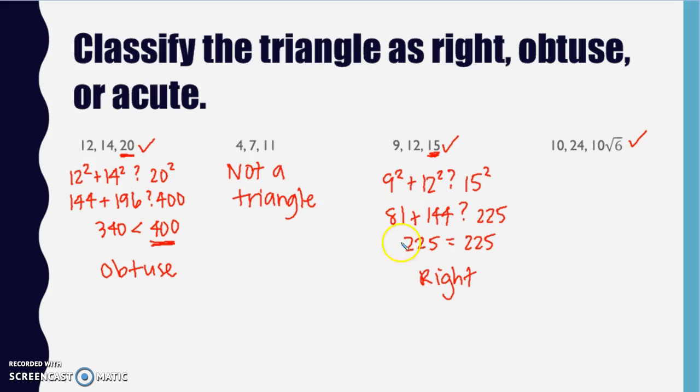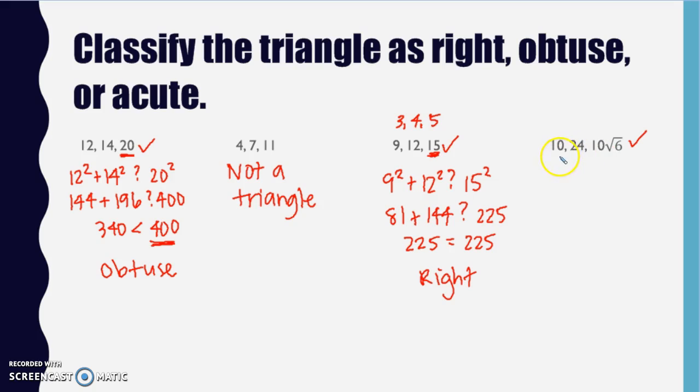You may have noticed that 9, 12, and 15 is one of our triples, 3, 4, 5, everything multiplied by 3. If you recognize that, you wouldn't even have to go through this. You could automatically know it's a right triangle.